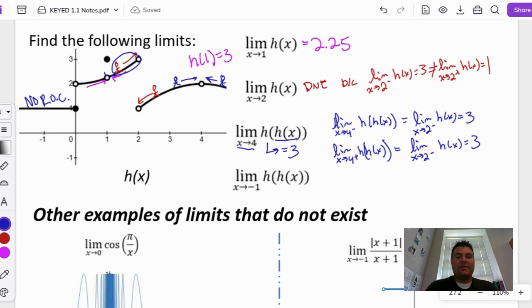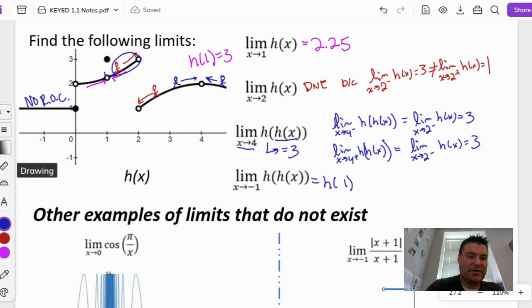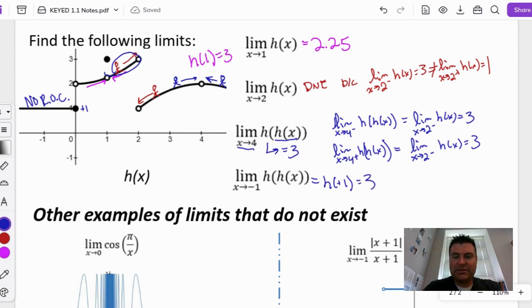So this means that our height is going to be the same at -1 because it is a composition function. So actually, sorry, not -1. I'm looking at +1, because my height right here is +1. So I'm looking at h of 1. And h of 1 is equal to 3.